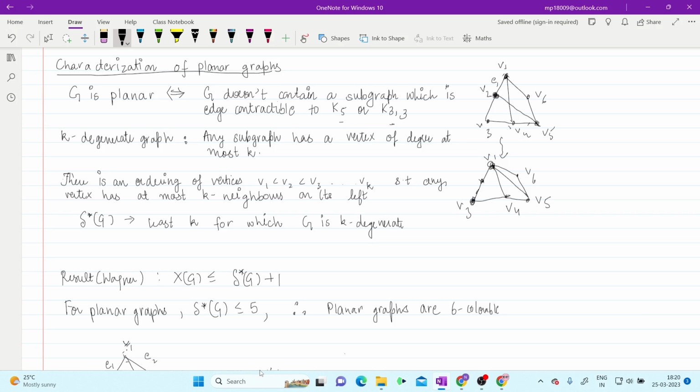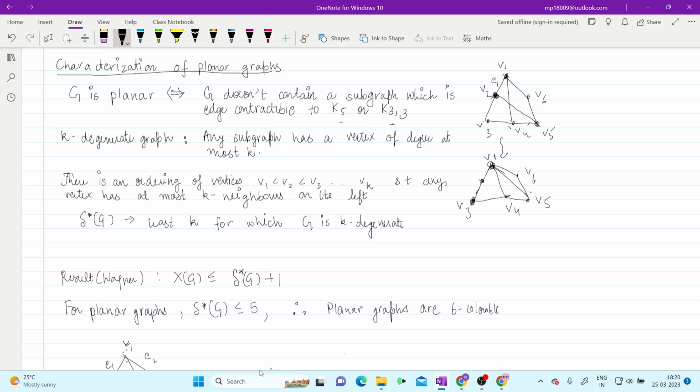Now v1 is the vertex, and all the edges that were going from v2, an edge from v2 to v3 and v2 to v5, will now go from v1, so we'll have an edge from v1 to v3 and v1 to v5. So when we are contracting an edge, those two vertices become one vertex.